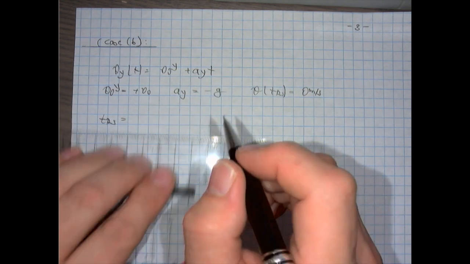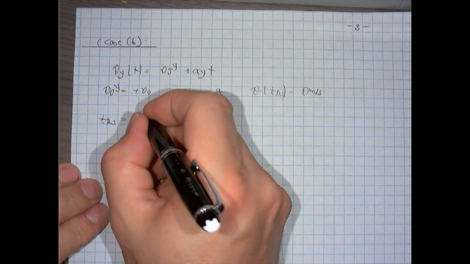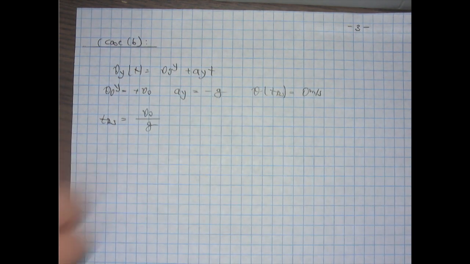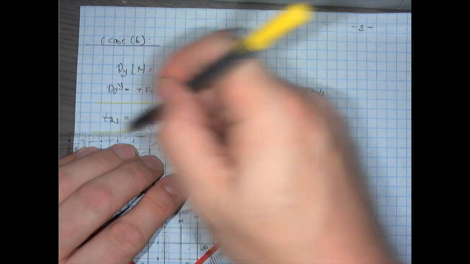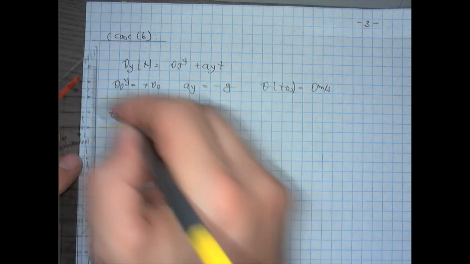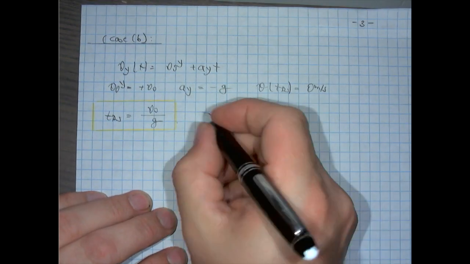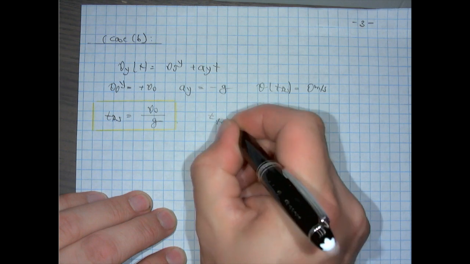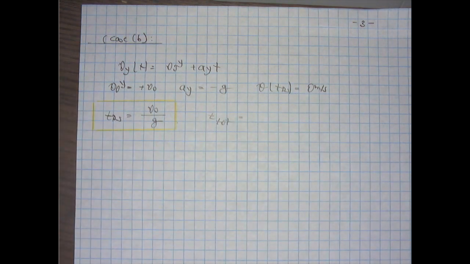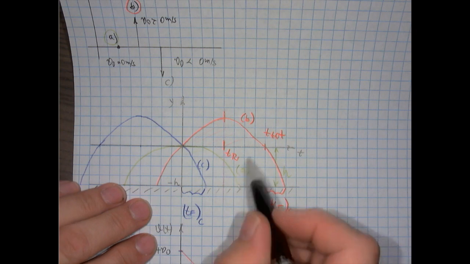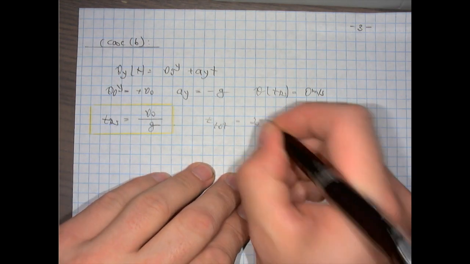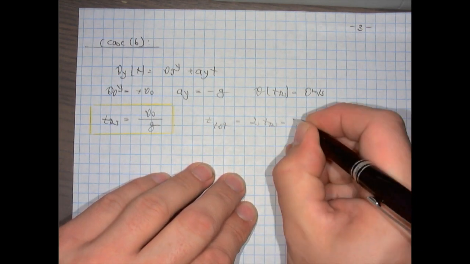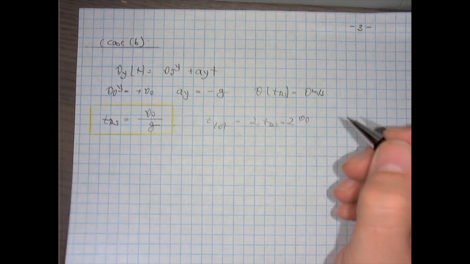Then we have here simply the ratio of V naught over G. So that's the rise time. And then the total time, t total, meaning referring to this time here, this is then twice that much. So this would be then 2 TR, and that equals 2 V naught over G.